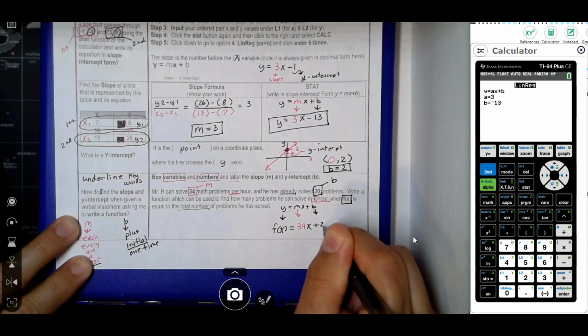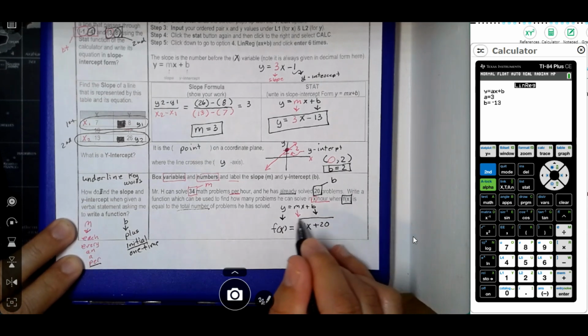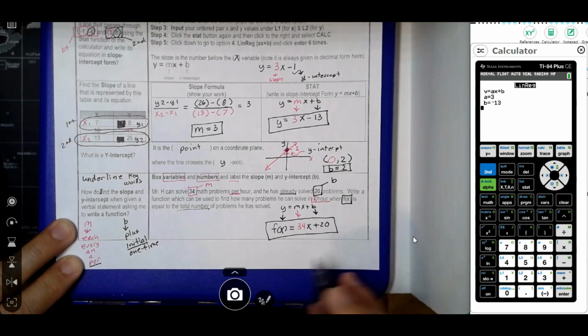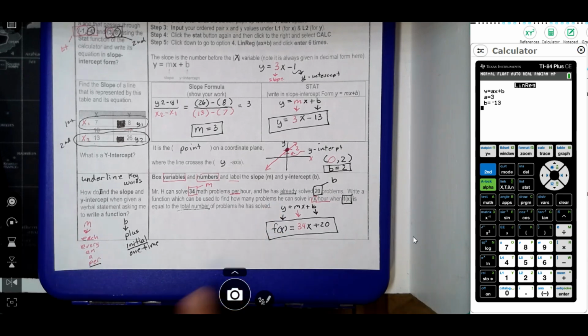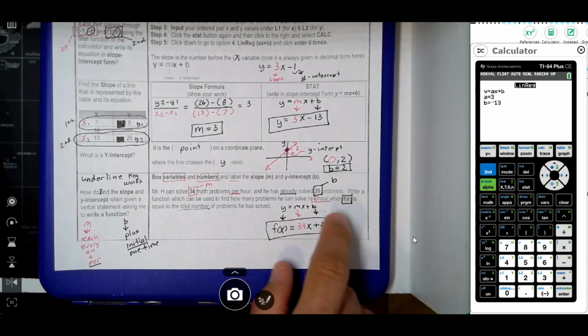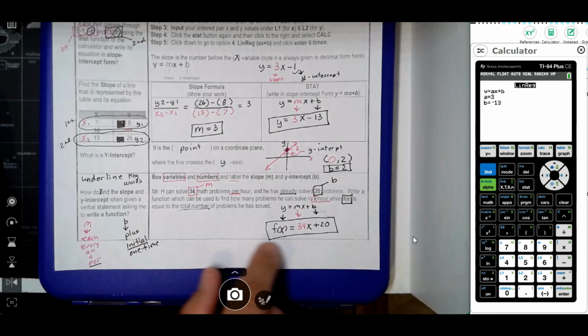So plus 20. So instead of writing this as y equals 34x plus 20, we're just putting it in function notation. And we're saying f of x is equal to 34x plus 20. So it's pretty much the same thing. You're just replacing the y with f of x. And it told us what letters to use, right? X for hour, and f of x represents the total number of problems that we've solved, right? Our answer over here on the left.